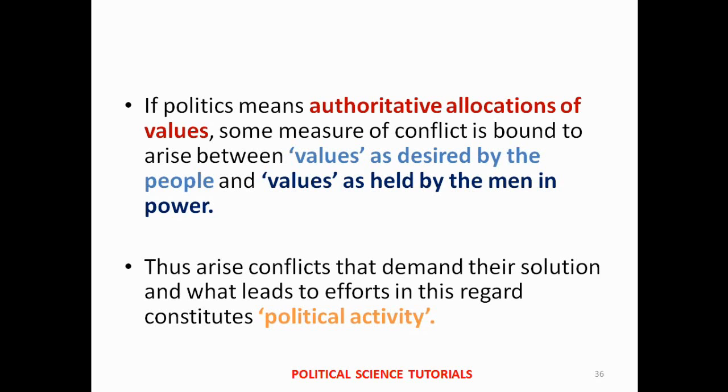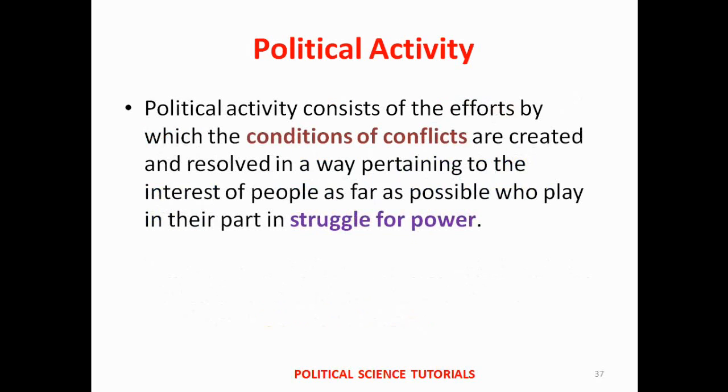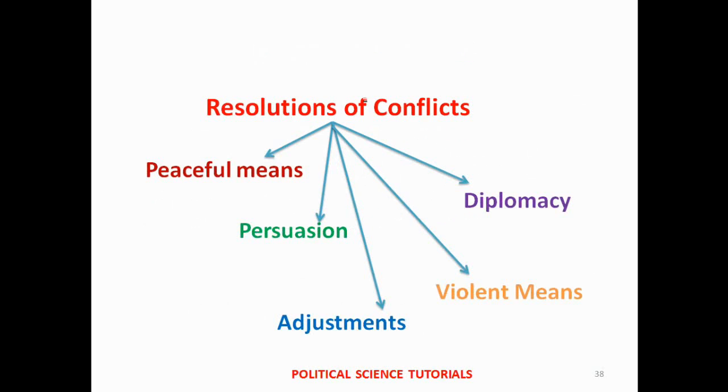In brief, we can say that struggle for power leads to conflict, and to resolve those conflicts, some activities are done, and these activities are called political activities. There are different methods to resolve these conflicts, or political activities may take place in different forms. Maybe by peaceful means or persuasion or by diplomacy or adjustments or violent means, or maybe a combination of different means.